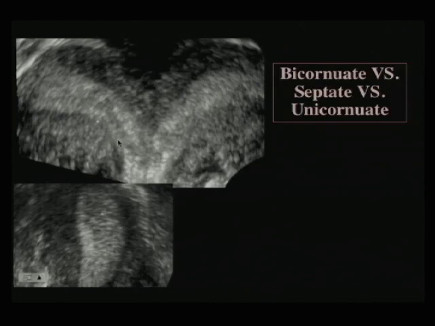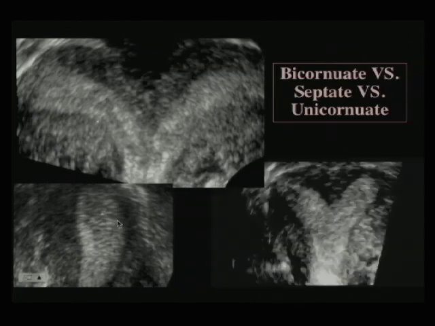Compare that to this image where you only see one horn. There is no second horn. This is a unicornuate uterus, a very difficult diagnosis to make with regular 2D ultrasound. And then here is the subseptate uterus showing a rather shallow, broad septum that only goes down a little ways.